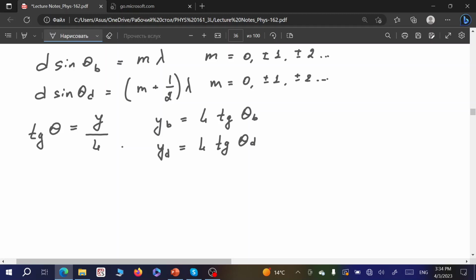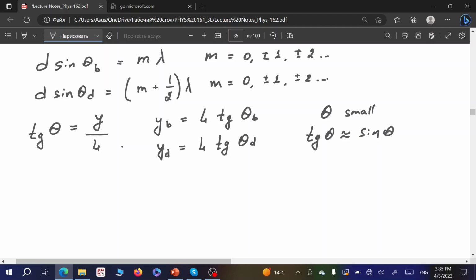So if we assume that this angle theta is small, then we can write that tangent theta is approximately equal to sine theta.